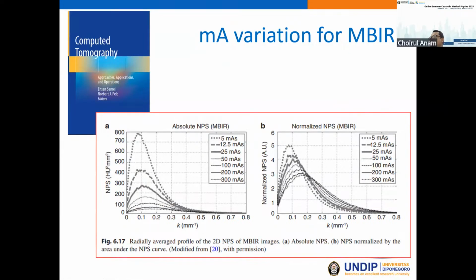So there is a shift. So in the iterative reconstruction, the different mAs will shift the peak frequency. It is very interesting.